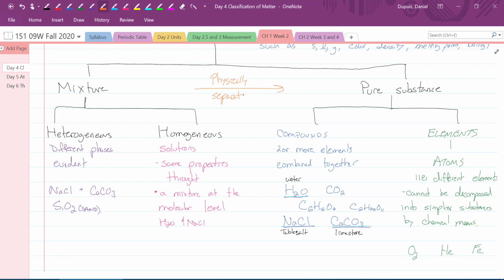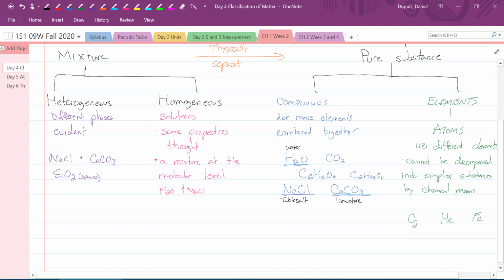So that's one way to separate it. Distillation. If you had M&Ms or Skittles and wanted to move all the red ones to one side, you could physically do it. You could filter, there are other ways to separate, but you're not changing the compounds. Pure substances are harder to break down.